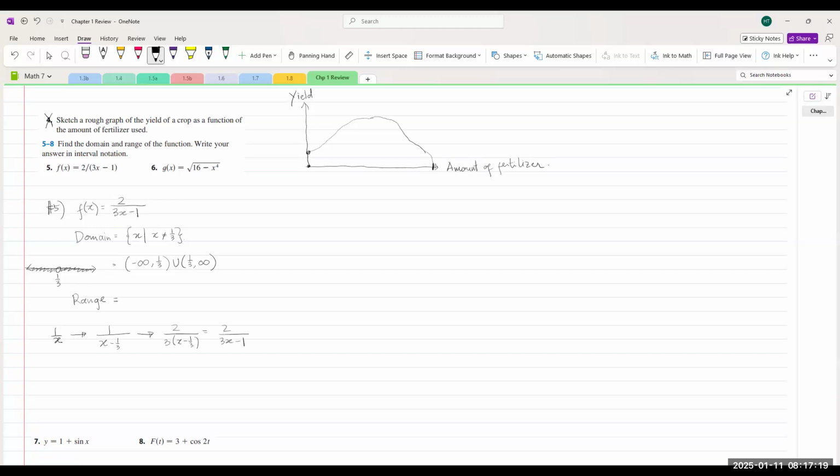Now the range of 1 over x is all real numbers except 0. When we move that to the right by 1/3, oh, I'm sorry, it stays the same, not the domain, it's the range. So the range stays the same because we just move it to the right by 1/3. And then when we stretch that by a factor of 2/3, the range will stay the same.